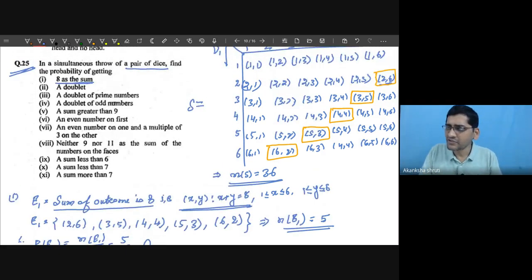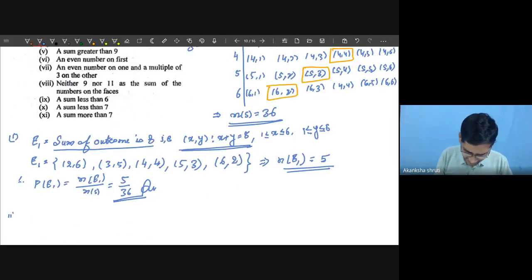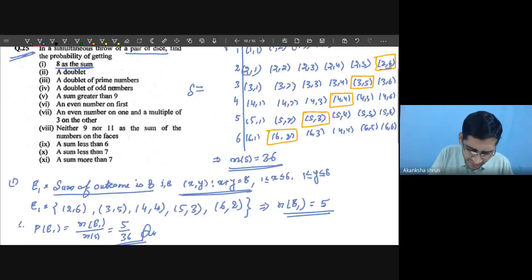Getting a doublet. What is this doublet, students? Doublet means the same pair. Doublet of prime numbers, doublet of odd numbers. Doublet always means, let me write.